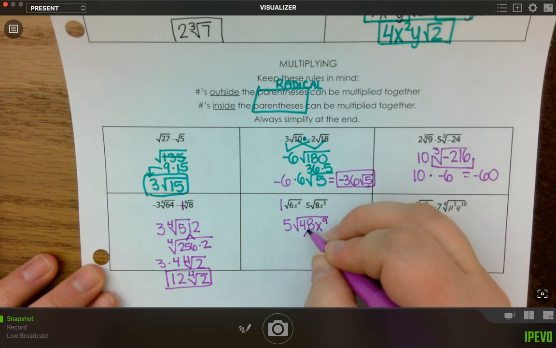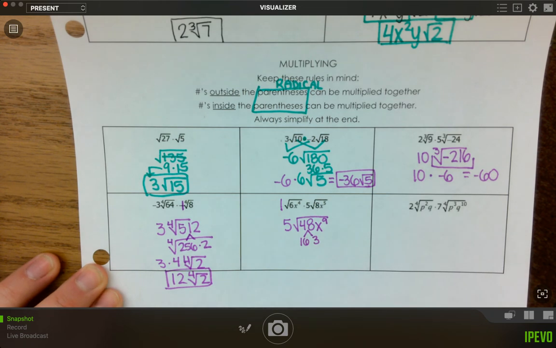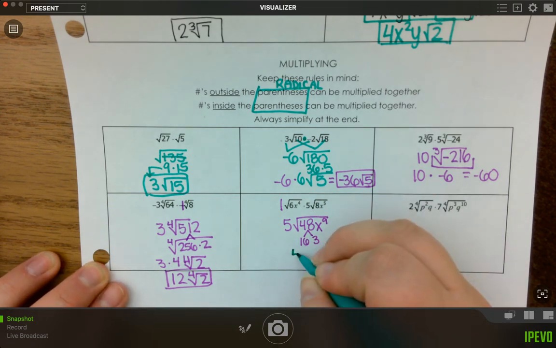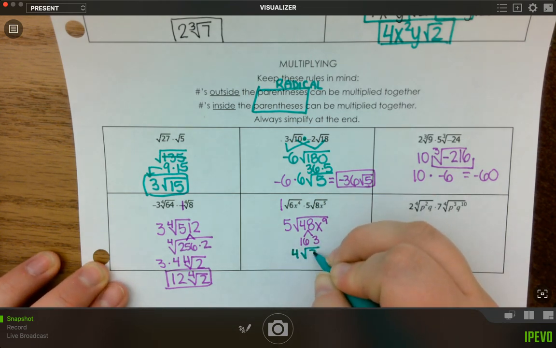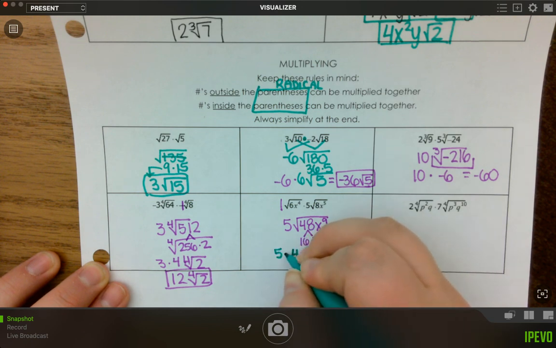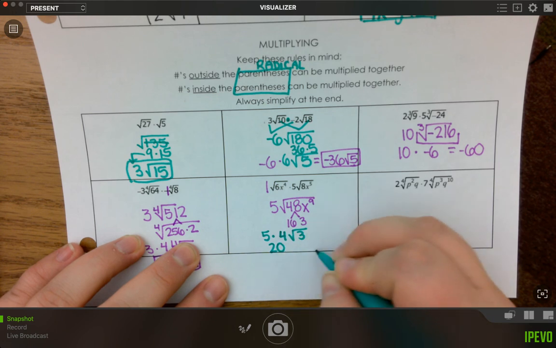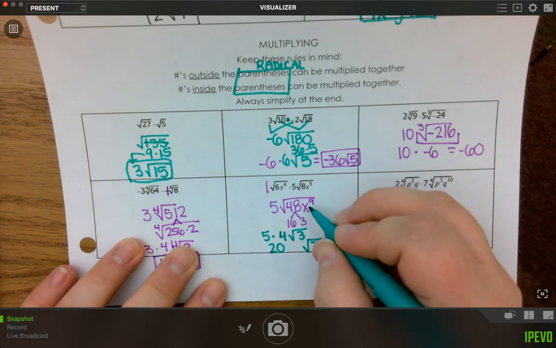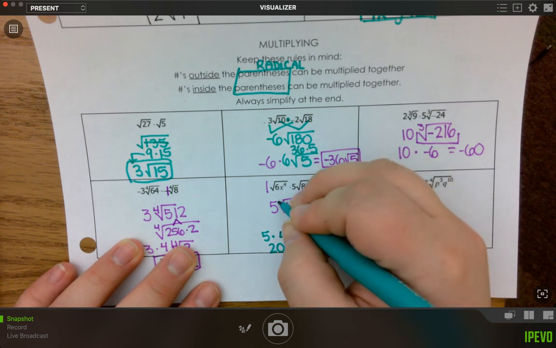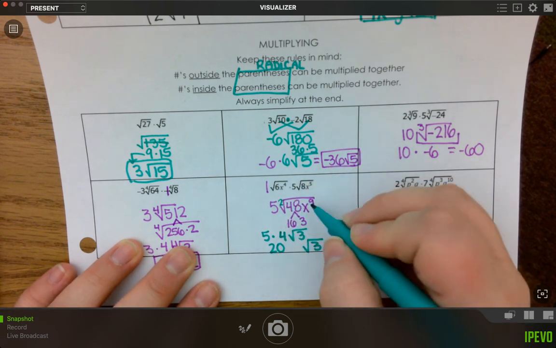Okay, square root of 48, that will be 16 times 3, which makes this 4 square roots of 3, with that 5 out front, okay, or 20, and then the square root of 3. I'm leaving a little gap because I also have to deal with my x to the 9th. We're going to see how many times 2 goes into 9.